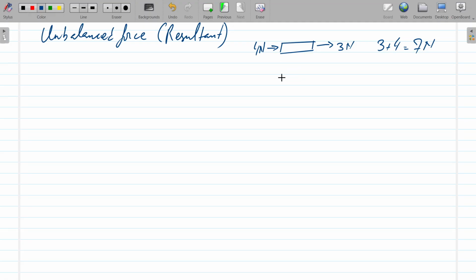And if they are acting in opposite directions but they're not evening out, so let's say there's still 4 newtons here, and this 3 Newton force is in the opposite direction, then what you're going to get is 4 minus 3, and that's only 1 Newton, but still you have a resultant.